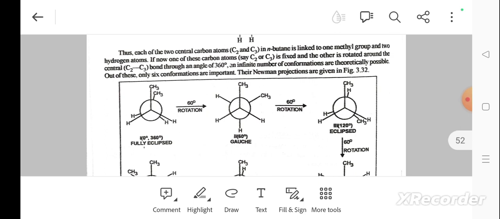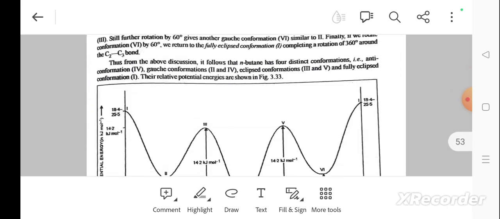If now one of these carbon atoms is fixed and the other is rotated around the central bond through an angle of 360 degrees, an infinite number of configurations are theoretically possible. Out of these, 6 configurations are important. Their Newman projections are given in figure 3.32.